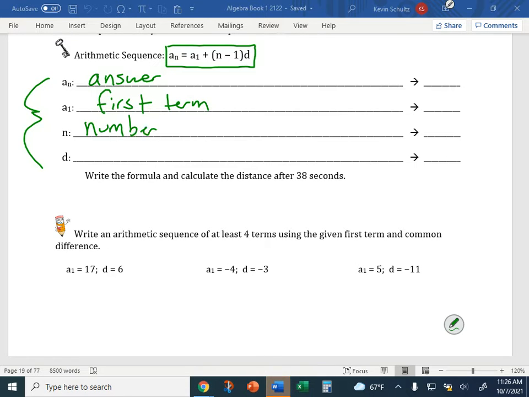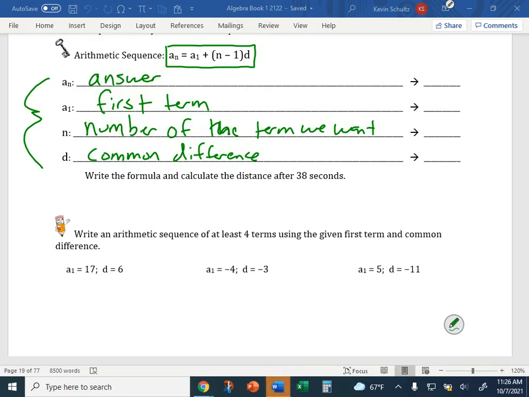The number of the term we want. Okay? And how about the D variable? What does that represent? Maggie? The common difference. Okay? Also the pattern.